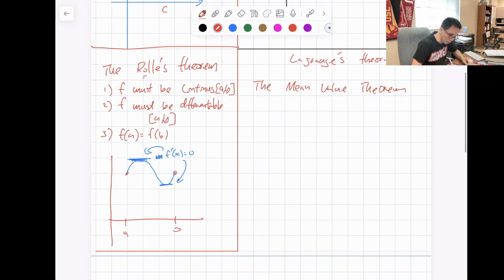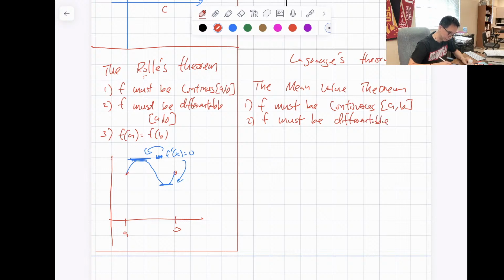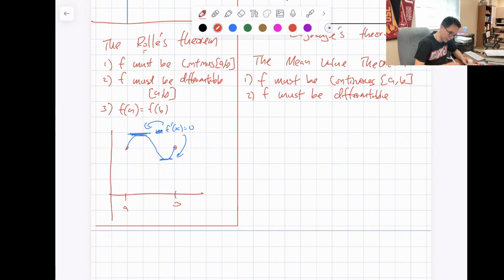Now I just use the same logic. I can say, well, f must be continuous. You can imagine that. So you must follow all those conditions on A, B. 2, f must be differentiable. Oh, I'm sorry. This one I forgot to write down the result.